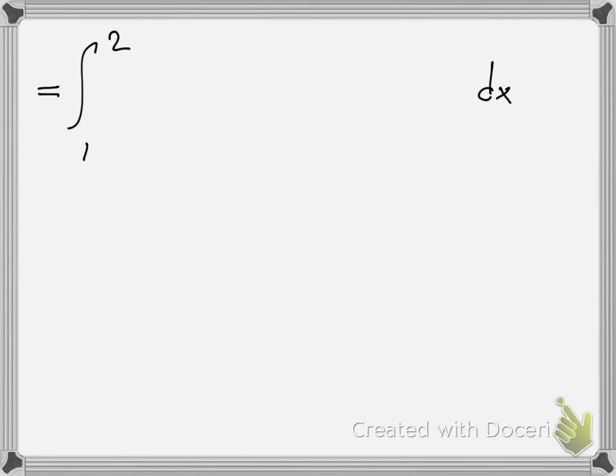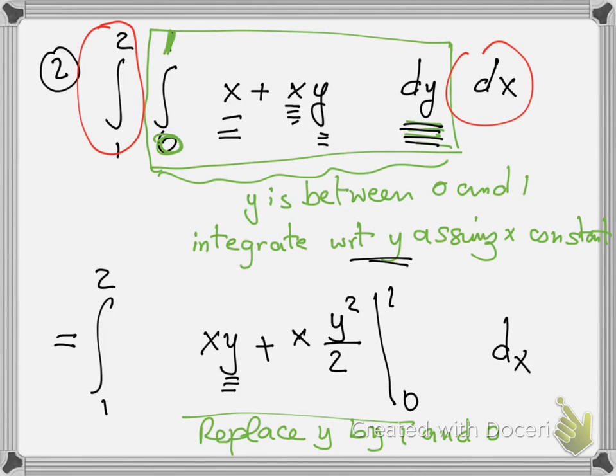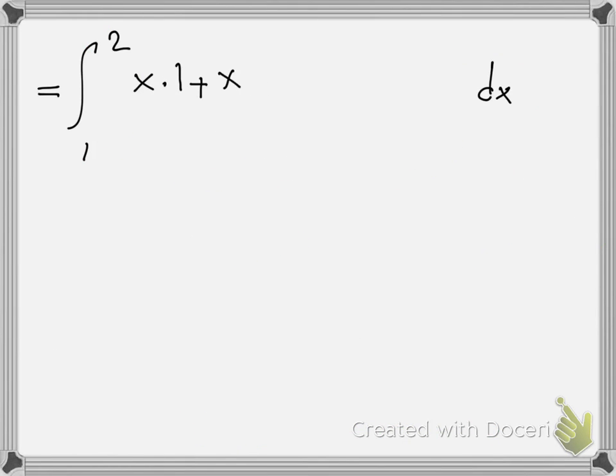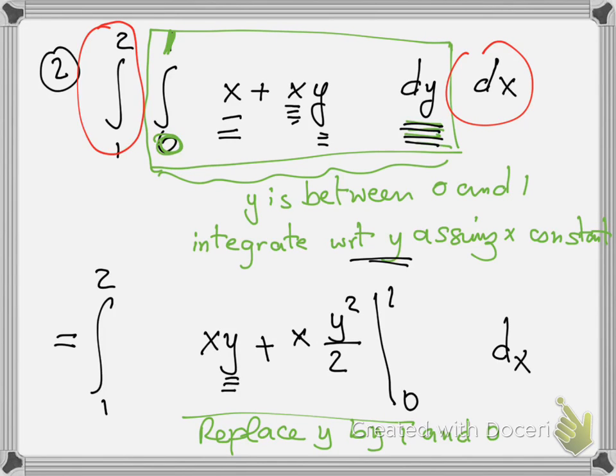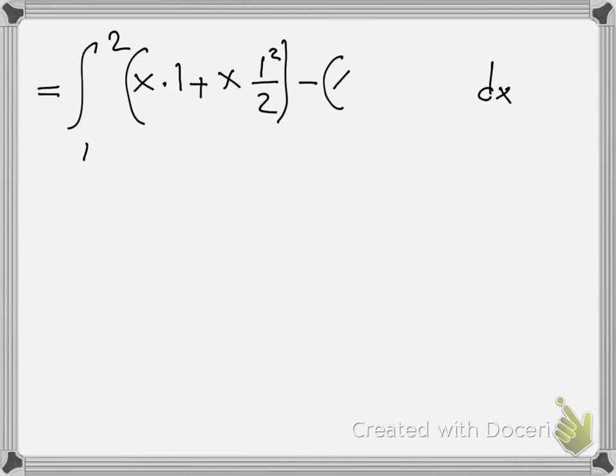So that's x times 1 plus x times 1 squared over 2 minus, and then we're going to subtract. So now we're going to replace y by 0. So that's x times 0 minus x times 0 plus x times 0 squared over 2.